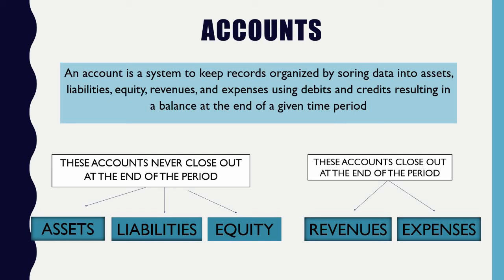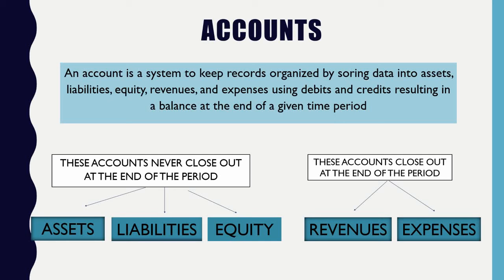Closing them out gives you a clean slate to continue your regular business, because your expenses to operate the business are never going to be the same every month unless you have a recurring one, like rent expense, something that's going to happen every single month.